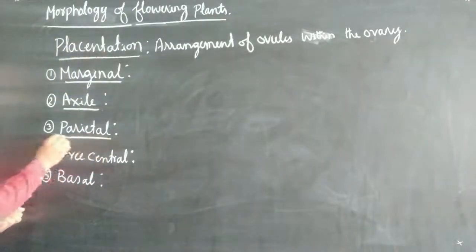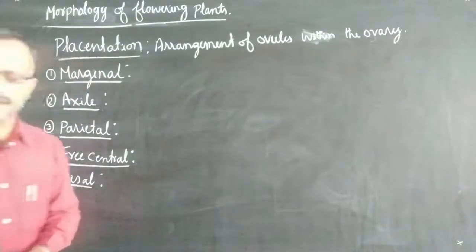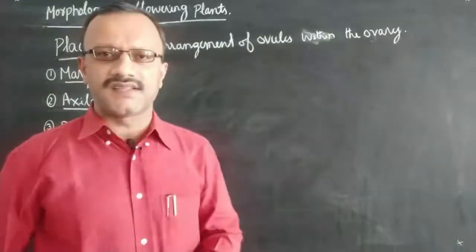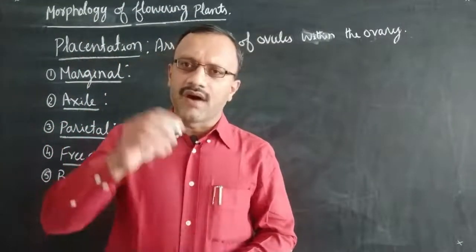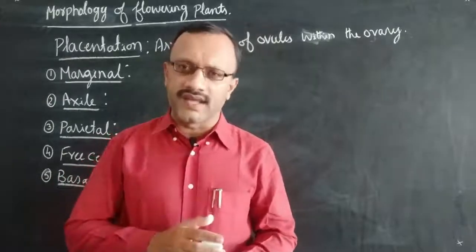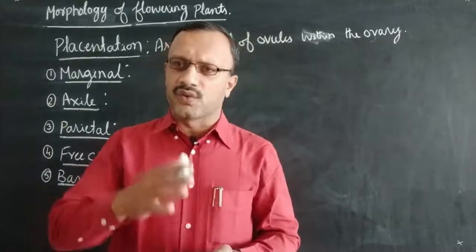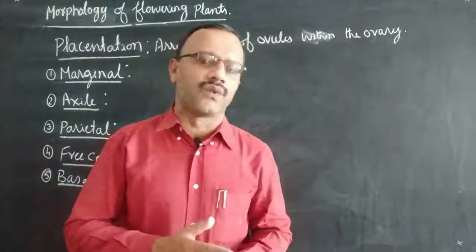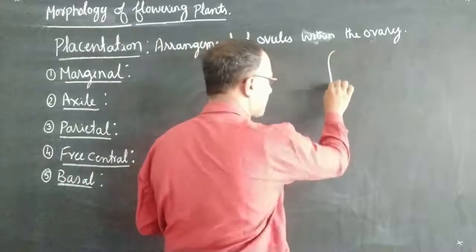Firstly, marginal placentation. Here in marginal placentation, the placenta occupies the margin of the ovary, or in other words, the placenta occupies one of the corners of the ovary. Let me show with a diagram.